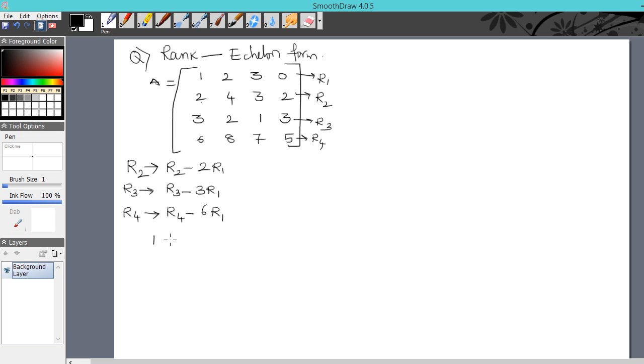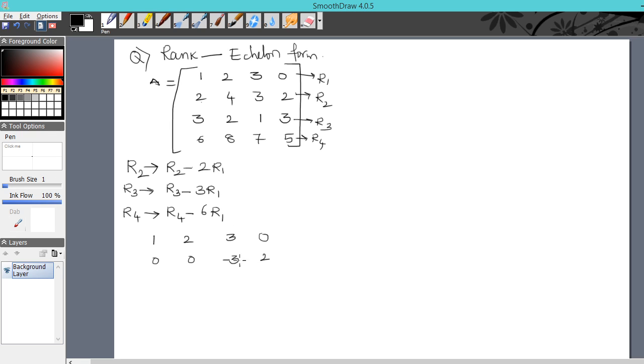R1 is the same as it is, 1, 2, 3, 0, and R2 will become 0, 0, minus 3, 2. Why? Because R2 minus 2R1. 2 into 1 is 2, so 2 minus 2 is 0. And here minus 2 into 2 is minus 4, 4 minus 4 is 0.